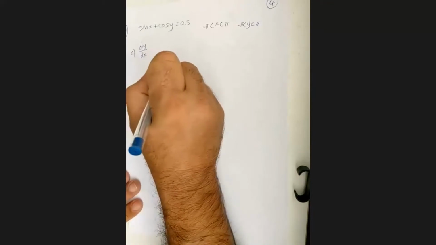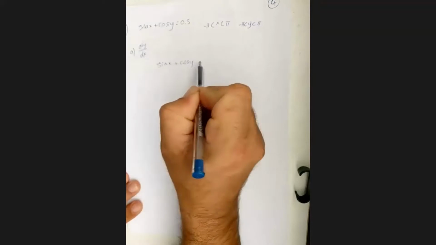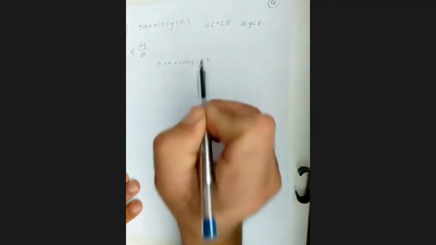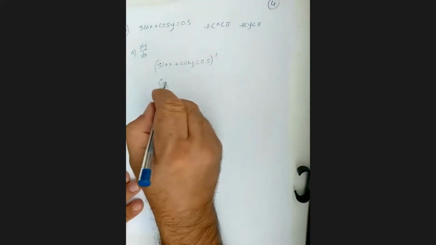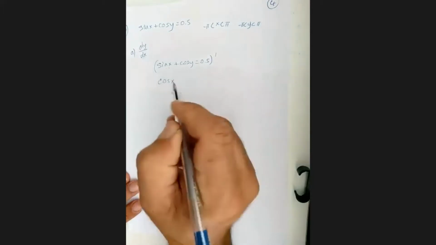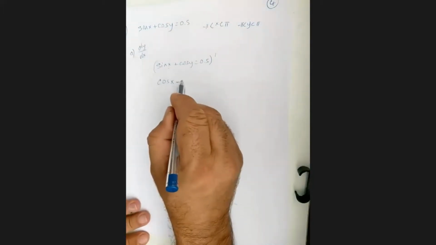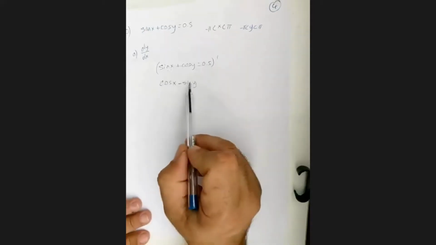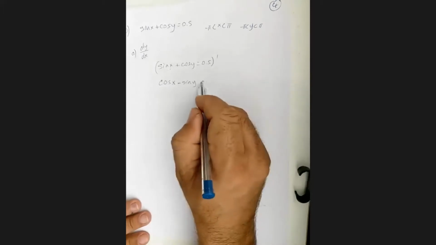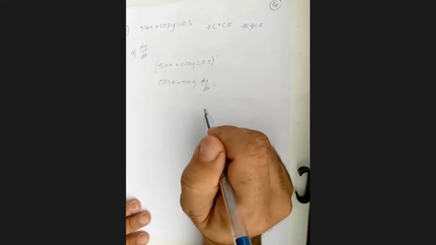So sine x plus cos y is equal to 0.5. Take the derivative. What is the derivative of sine x? It is cos x. What is the derivative of cos y? It is negative sine y, and because we took the derivative of something with y, we have to put dy over dx there. What is the derivative of 0.5?